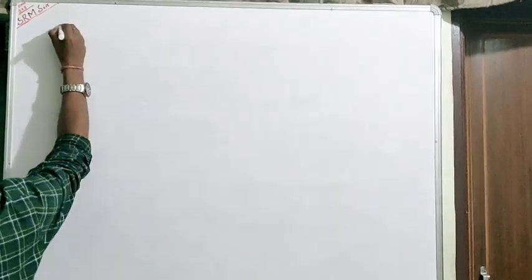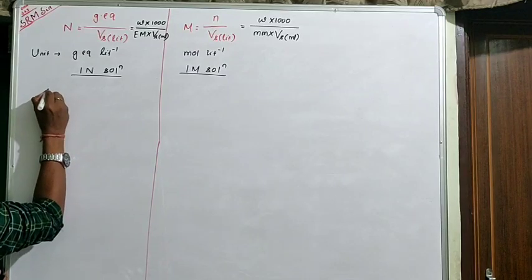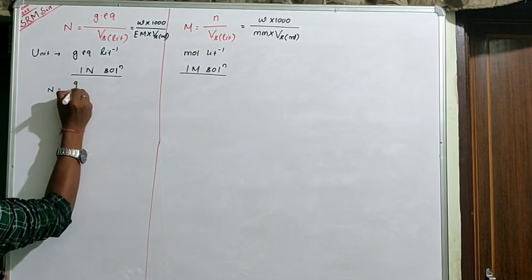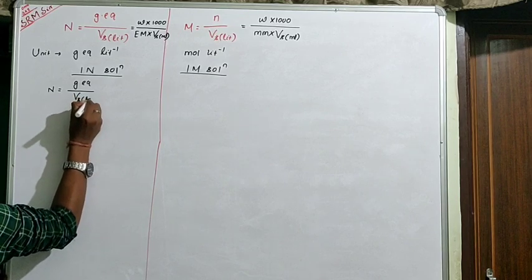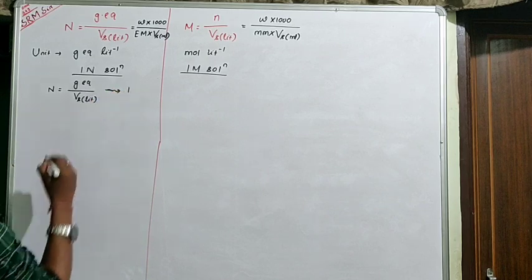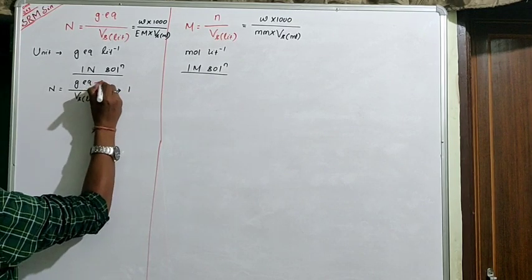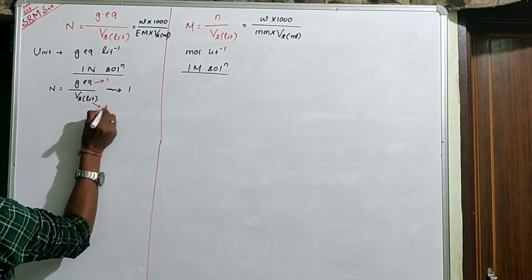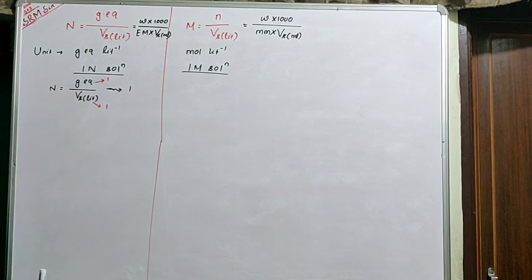What do we know? Normality is equal to number of gram equivalent per Vs in liter, that has to be 1. How can it be 1? If number of gram equivalent is 1 and volume of the solution in liter is 1, then automatically normality will be 1.